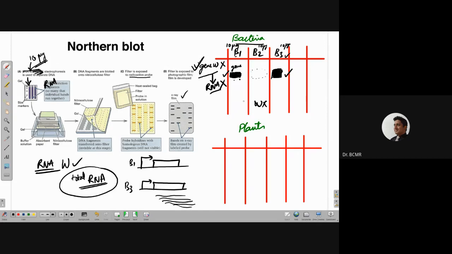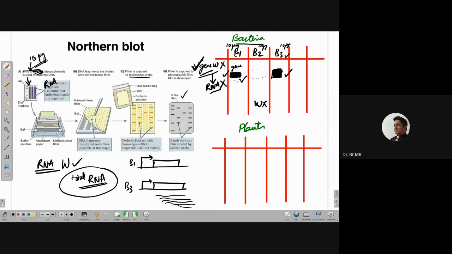So, what does northern blotting tell you? Northern blotting tells you if an RNA species is present or not in the sample. It cannot definitively tell anything about the presence or absence of the gene. But if the RNA is present, then the gene must have been present.